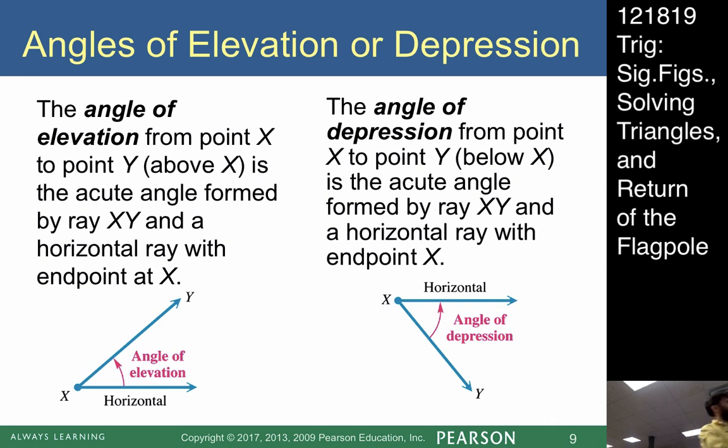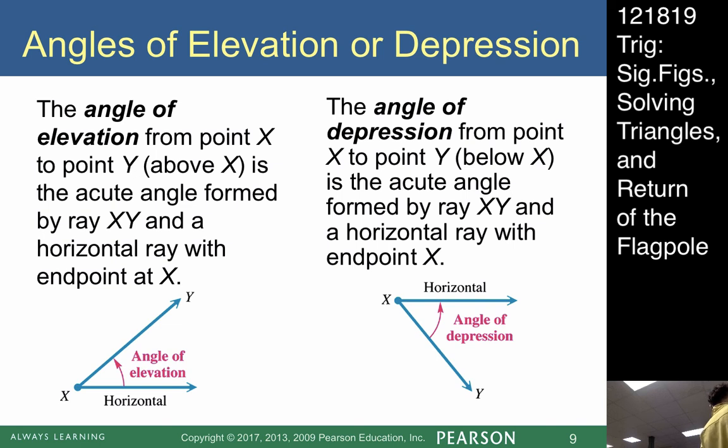No, they're using these terms because that's the kind of language you would use to translate into the real world, right? So say you're standing somewhere here at X, this is the horizon. The angle of elevation would be like looking up at the top of a building or something like that, right? Or the angle of depression, maybe you're on a cliff and you're looking down at something.